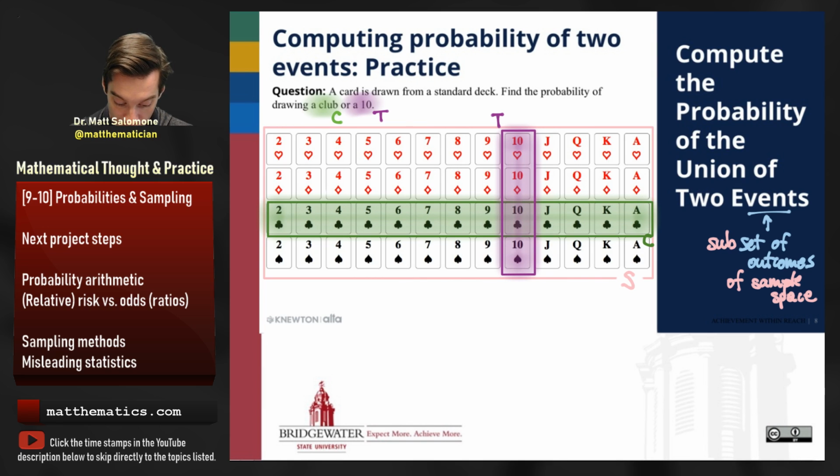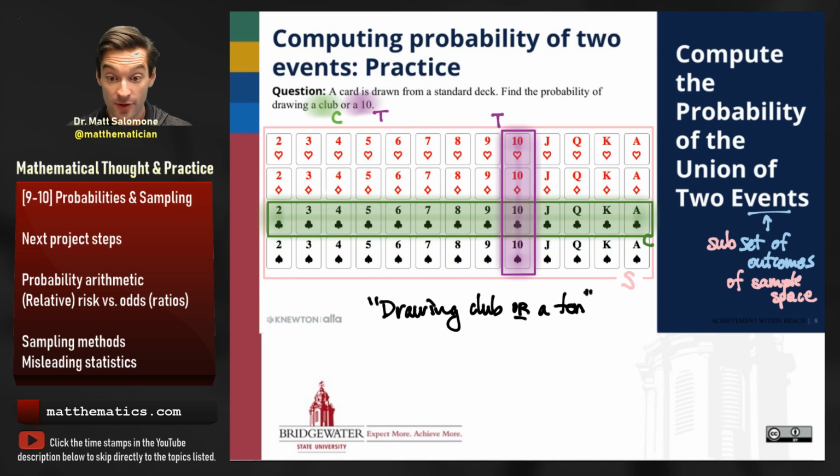And what we're asking for in this problem is, what is the probability of one or the other of them happening? So the event of drawing a club or a 10. Remember, back when we were talking about logical reasoning and sets, way back in the first phase of our course, the word or corresponded to the set theoretic operation of union.